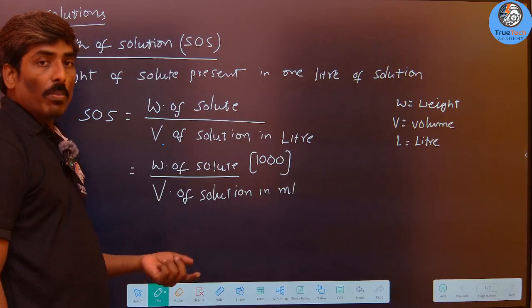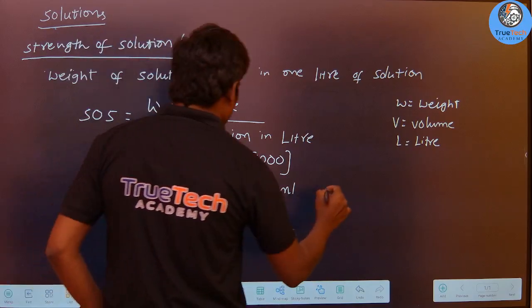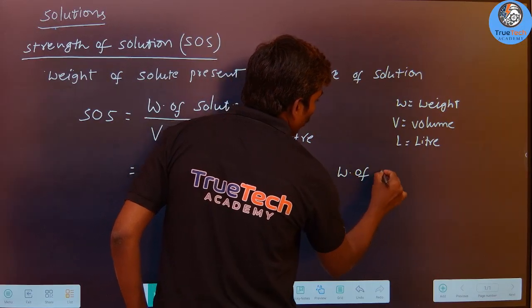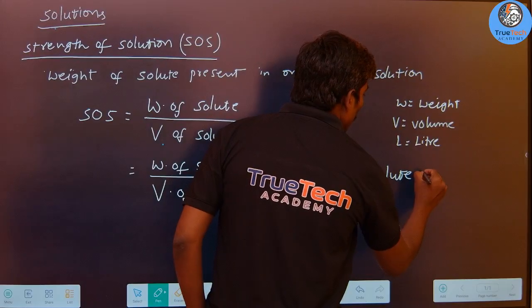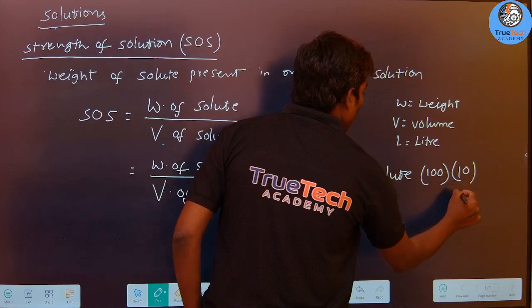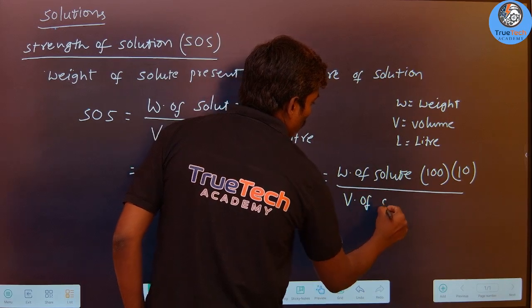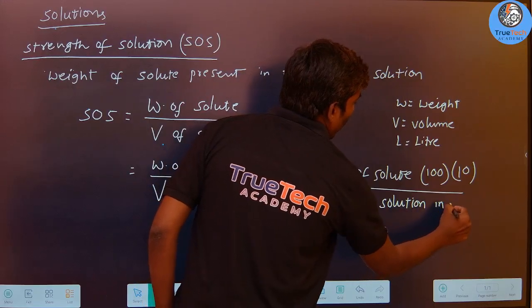So this can be modified further. If you observe this properly, this can be modified like this: weight of solute into 100 into 10 divided by volume of solution in ml.